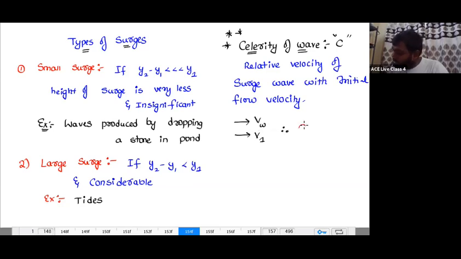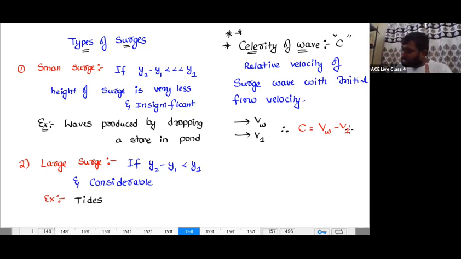The relative velocity C is equal to VW minus V1. So see, VW minus V1, this is a relative velocity. As both velocities are in the same direction, the relative velocity is going to be VW minus V1.